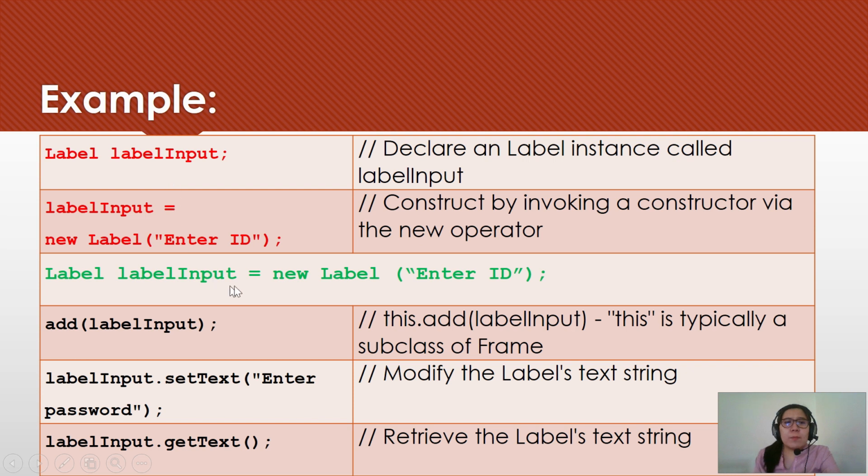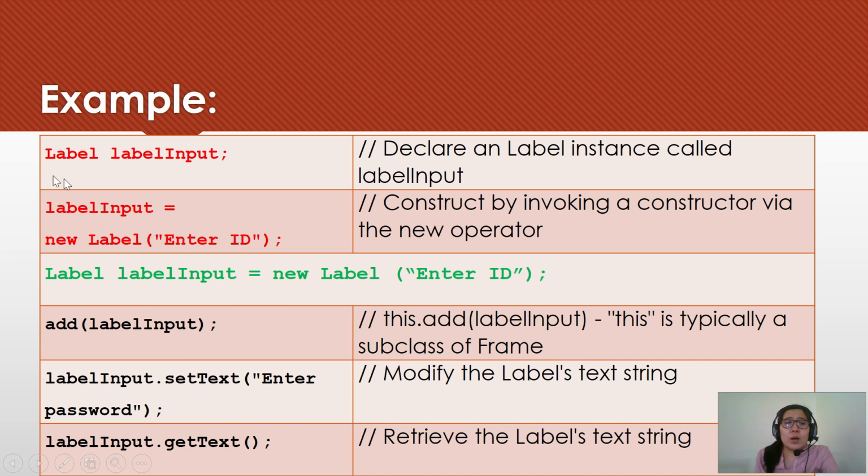So for example, we'll declare a label. In order to do that, we have the keyword label, space, our reference or object. So declare a label instance called label input. And then after doing that, you may construct by invoking a constructor via the new operator. So label input here is equal to new label with a specified label, enter ID.